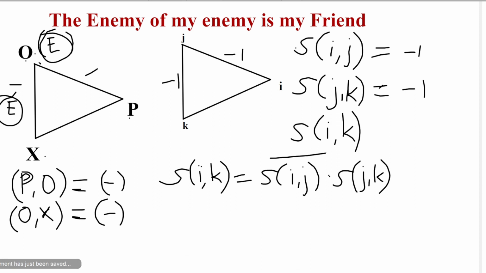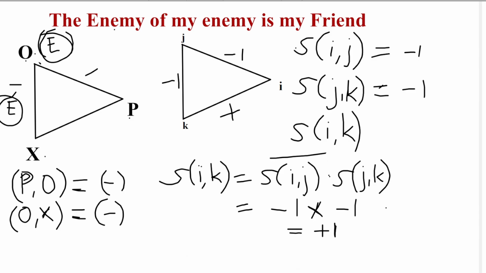So this equals -1 times -1, which yields a positive, because negative and negative yields a positive. So the eventual sign here of IK is a positive.